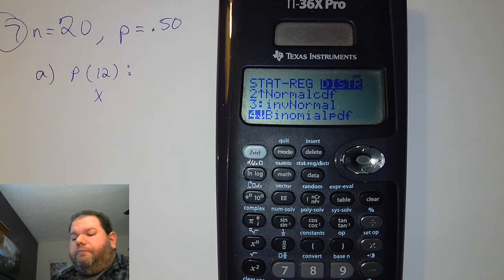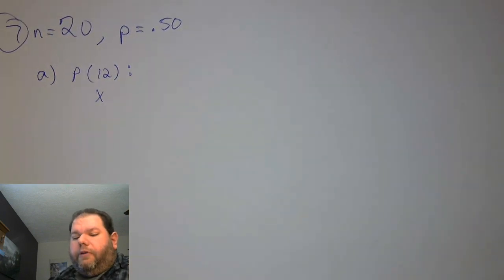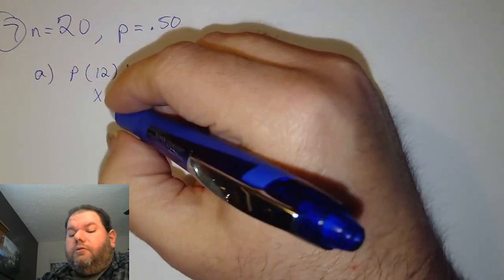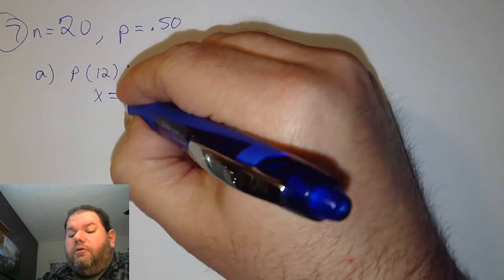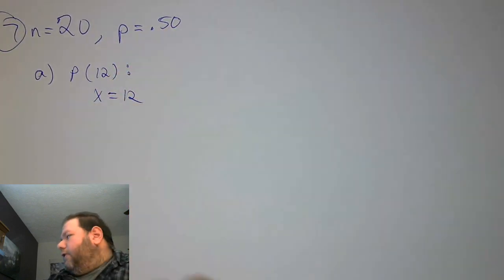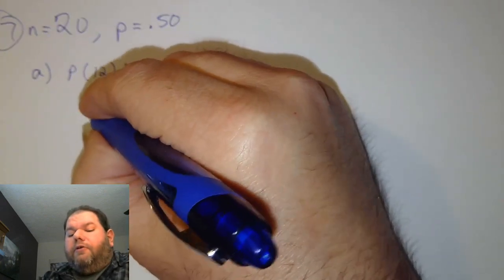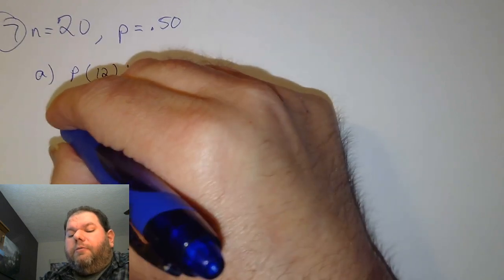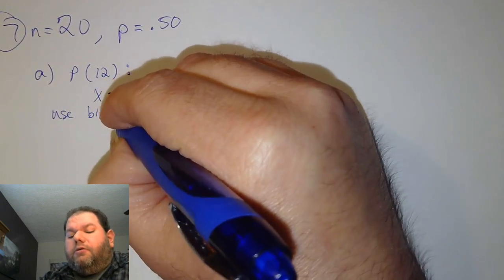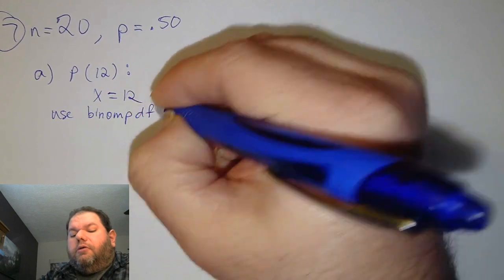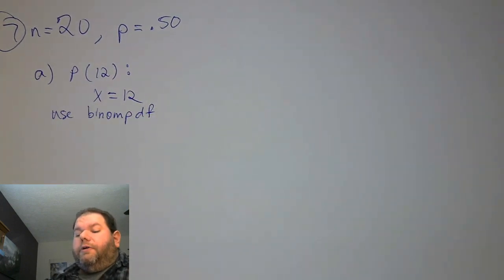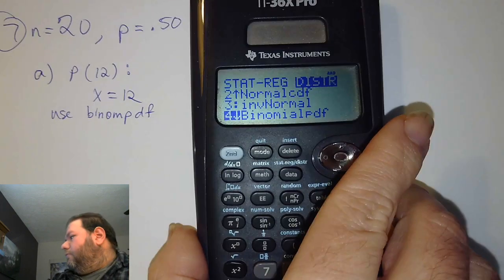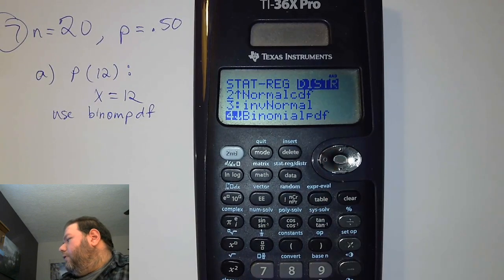Now, for x equals 12, like we have here, we use the Binomial Pdf function. So we press enter.